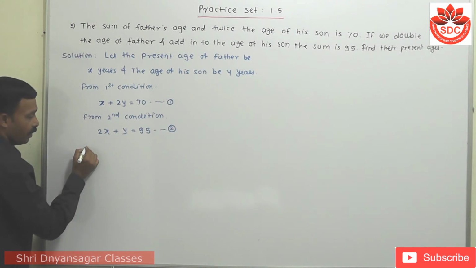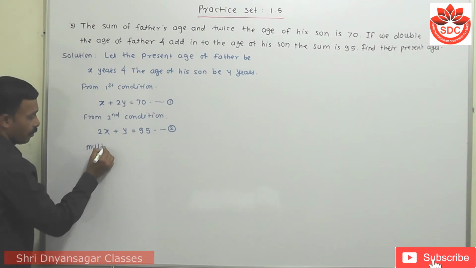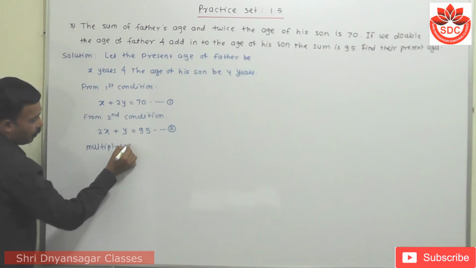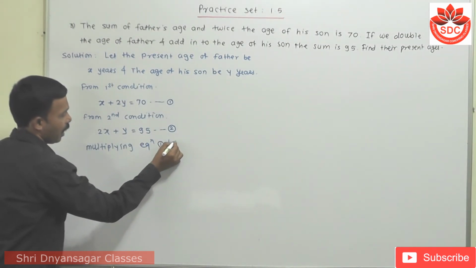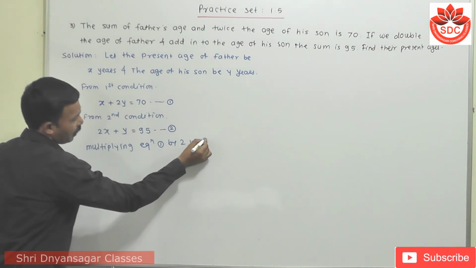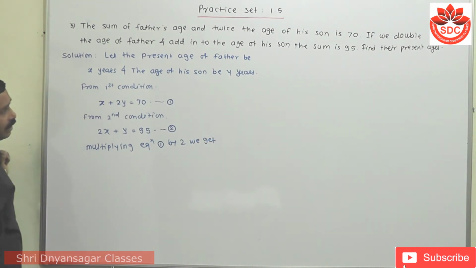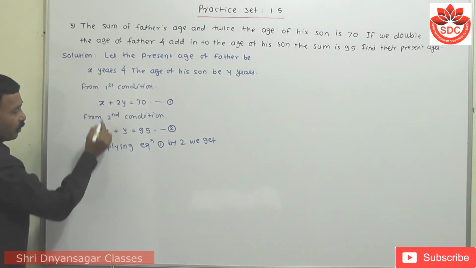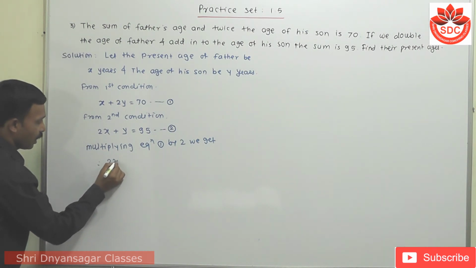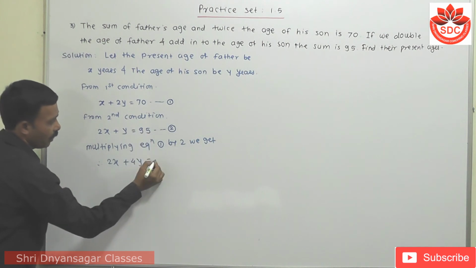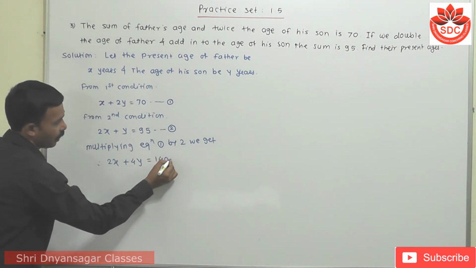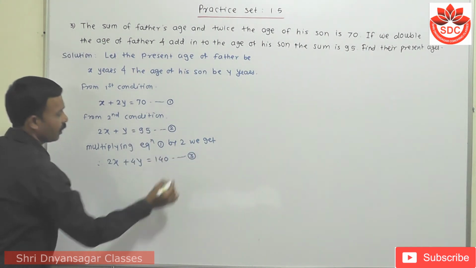Therefore multiplying equation first by 2 we get, I have to directly write it. Now when we multiply by 2 we get twice x plus 4y is equal to 70 into 2 is 140. This is suppose equation number 3rd.